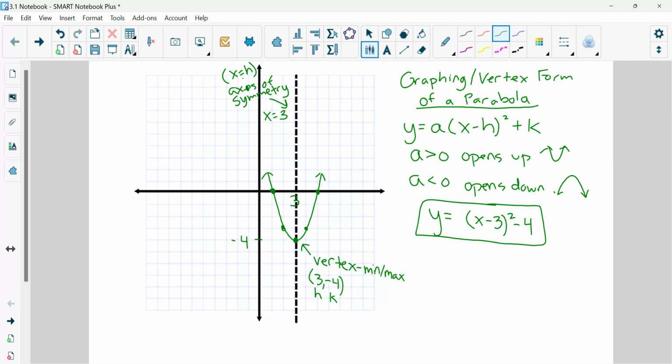And the last thing you want a quick reminder of is x-intercepts and y-intercepts. Where it's crossing the x-axis, right here and here, those are the x-intercepts. And again, that would be where y equals 0.